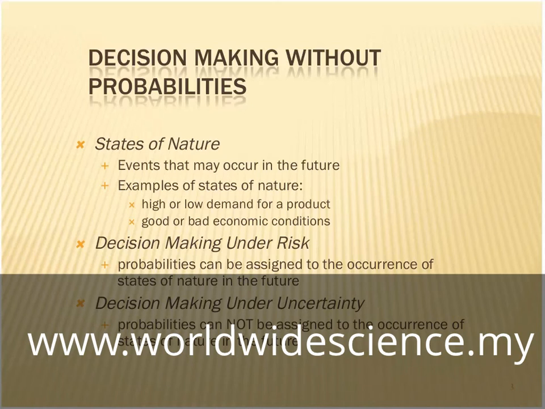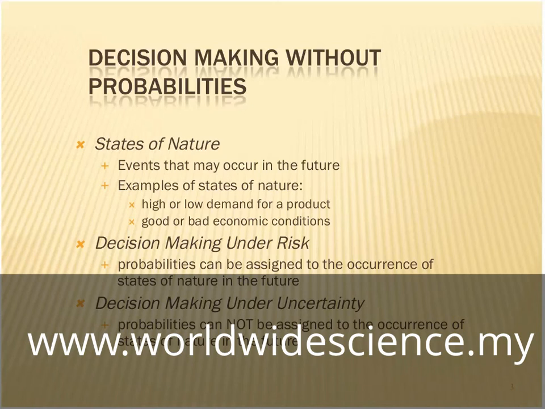In risk, the probability can be assigned to the occurrence of the state of nature in the future. So, if you want to make a decision on the risk, you should allocate a probability to each state of nature. For example, you want to make a decision based on demand.